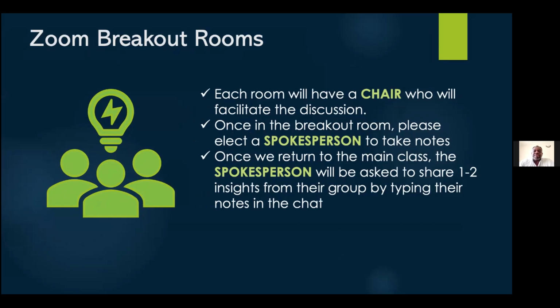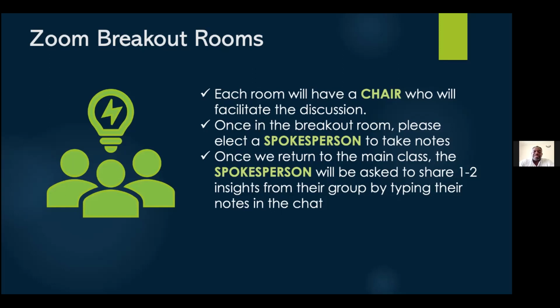Each group will have a group leader, and more directive for learning will be given by the leader in that group. These are the rules for the breakout session. Each room will have a co-chair or a chair. Once in the breakout room, please elect a spokesperson.